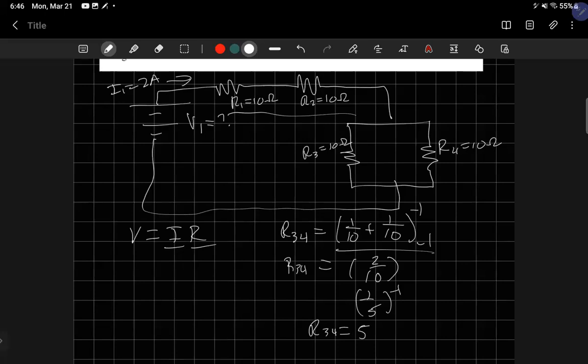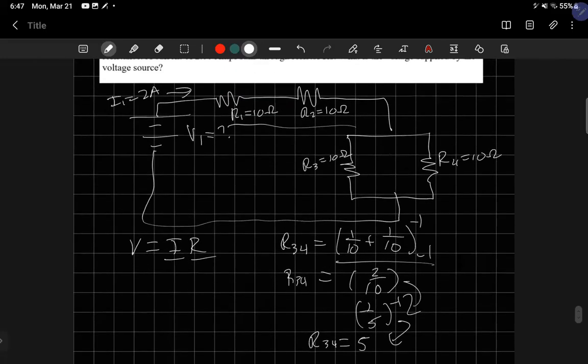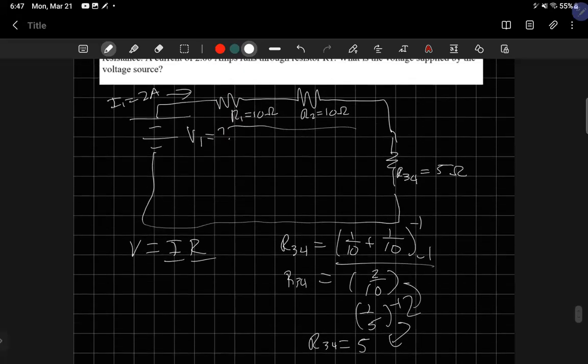I did some of it in my head, but I think y'all can all do 1/10 plus 1/10. 2/10 is just reducing. The reciprocal of 1/5 is 5. I hope all of y'all can do that. The next part is, now that I have this resistor, so this just turns into R34, which is 5 ohms. And now we have 3 resistors that are in series.